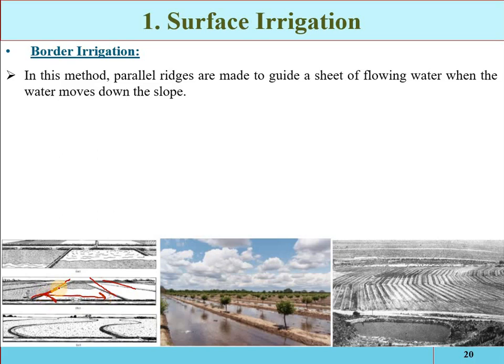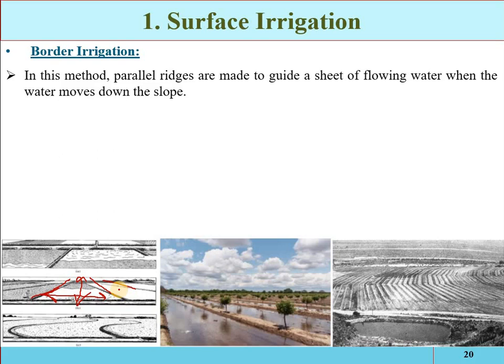Again, this width depends on the type of soil, the type of crop, and the topography. The length of the border will be from 100 to 300 meters. These are just recommendations. These strips are separated by low levees, or dikes, or borders.